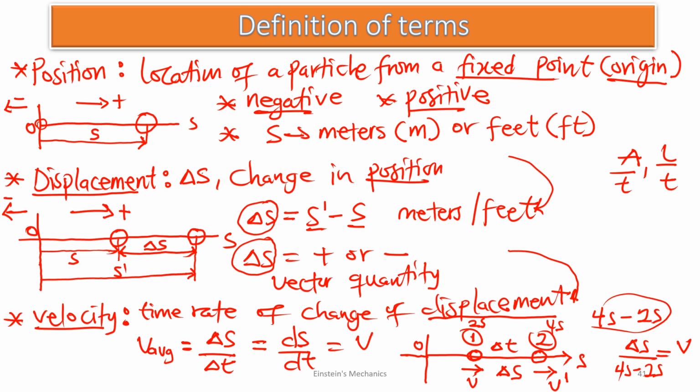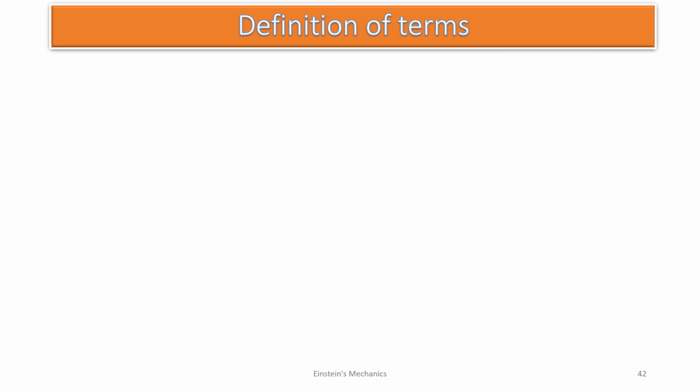Now, let's look at acceleration. How do we also talk about acceleration? It is also very simple. Remember, acceleration and deceleration are all referring to the same thing, just that deceleration means the negative form of acceleration.